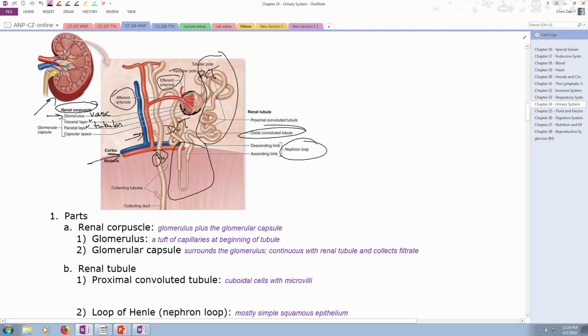And I want you to take a look at the diameter of these arterioles in this cartoon, because the diameter is designed to be distinctly different. One is larger than the other, and the afferent arteriole is larger than the efferent arteriole. And so this has a big implication for filtration pressure. You guys remember capillary dynamics and how much you loved capillary dynamics?